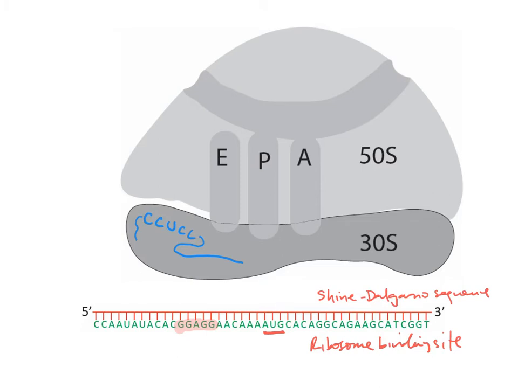So how does the ribosome find this ribosome binding site or Shine-Dalgarno sequence on the messenger RNA? Actually, the 30S subunit of the ribosome has an RNA component called the 16S ribosomal RNA.